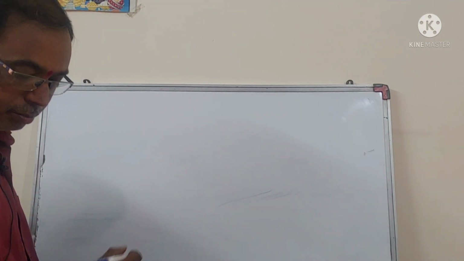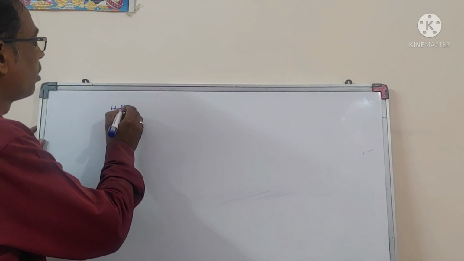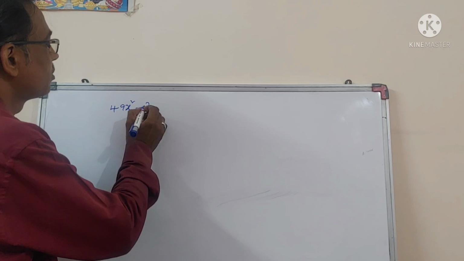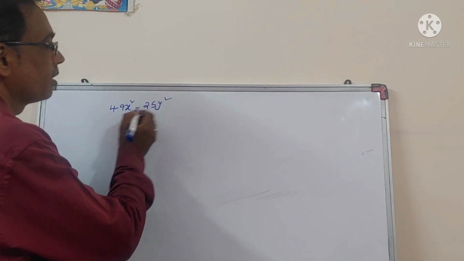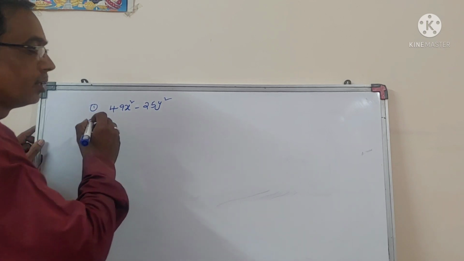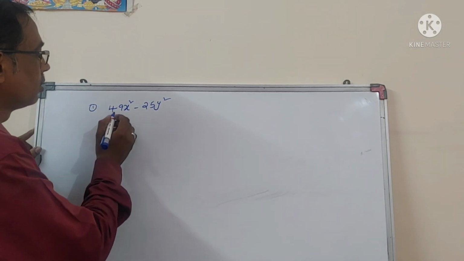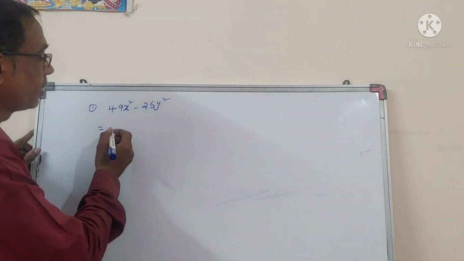So the first sum is 49x square minus 25y square. We have to factorize this sum by using an identity. So first of all, 49, how can you write 49?